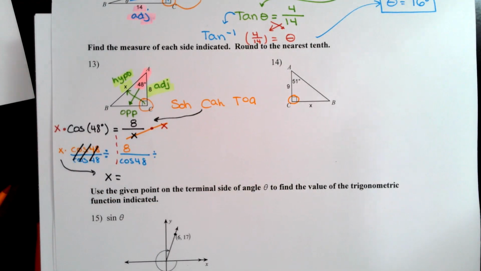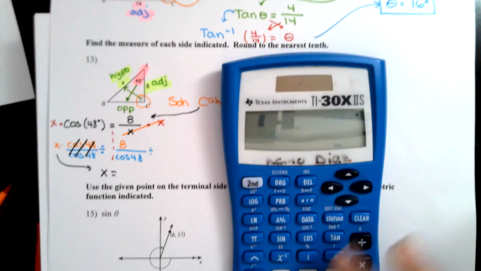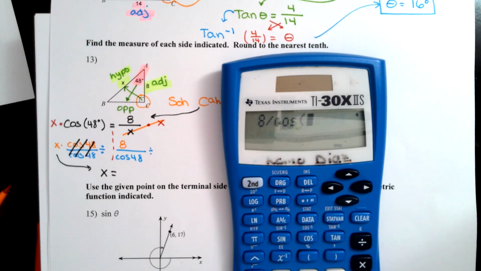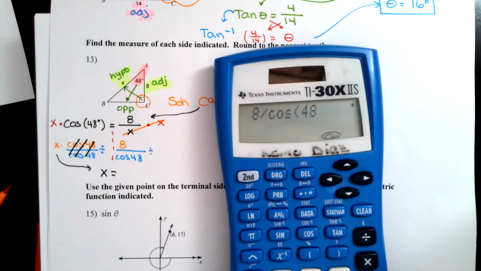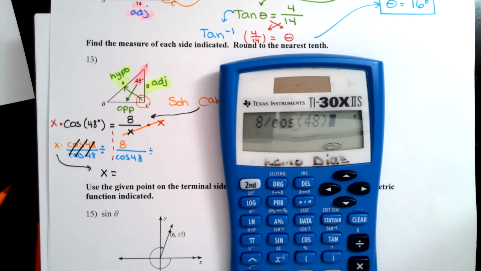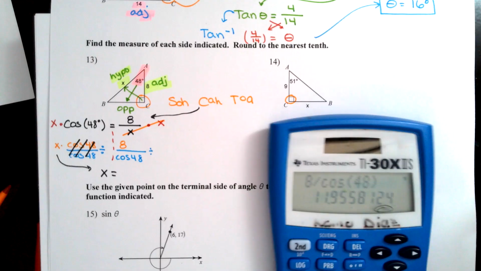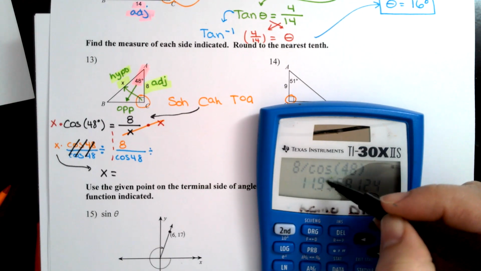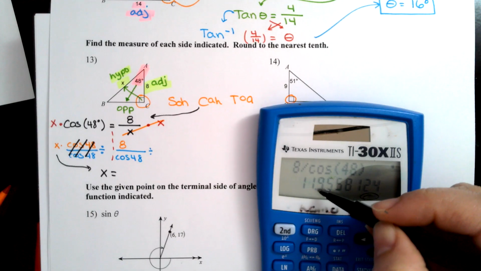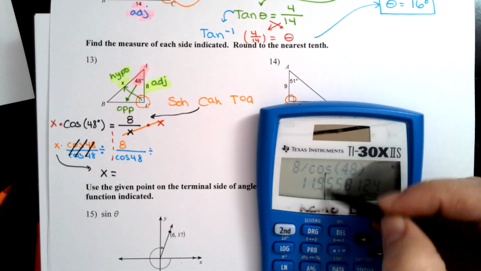Here, we're going to be typing this in. 8 divided by cosine of 48. Make sure your calculator is in degree mode. Mine is in degree mode. Close it, equals. And this is asking us to round to the nearest tenth. So the 9 is what I'm going to be trying to round to.